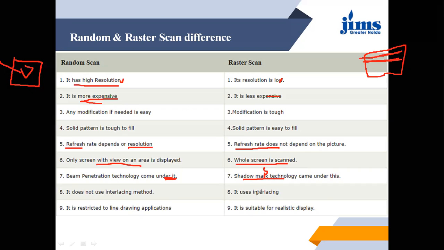So raster scan uses interlacing, whereas random scan does not have the interlacing method. Raster scan is used to display realistic displays, whereas random scan is restricted to line drawing applications. Means it's used when we have to draw a line.